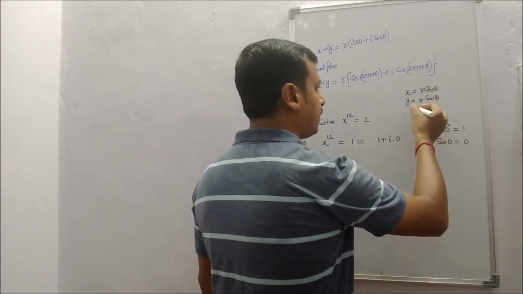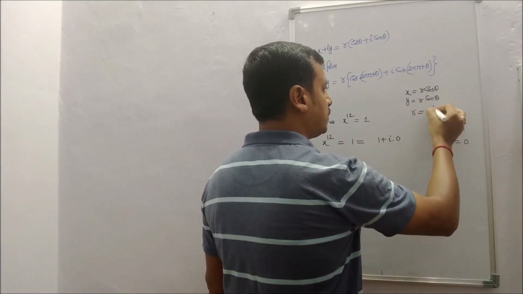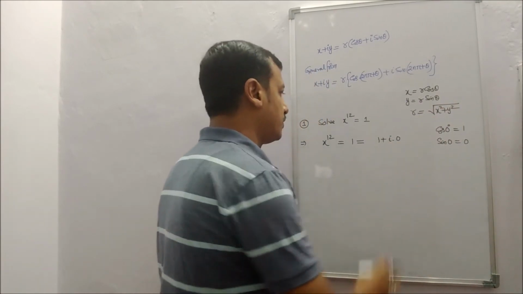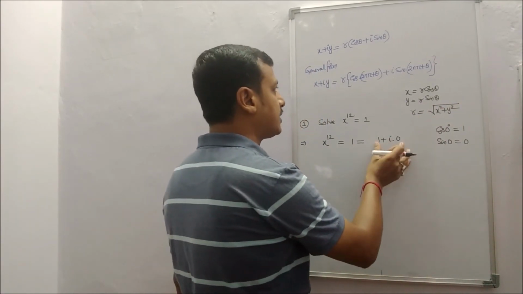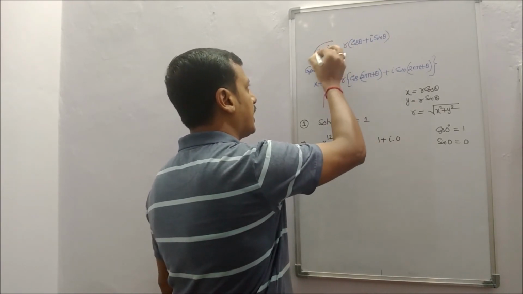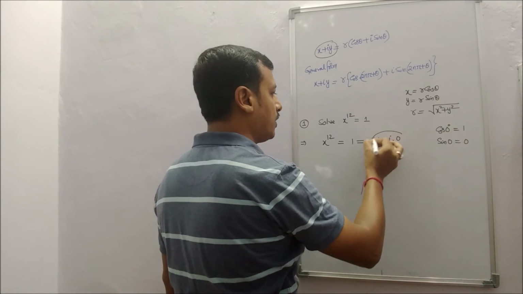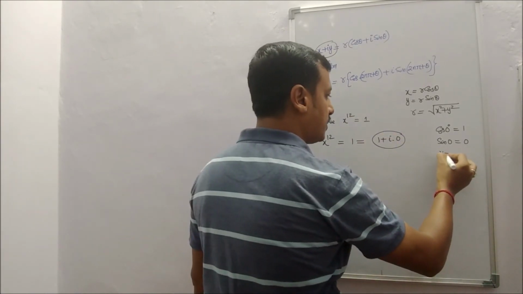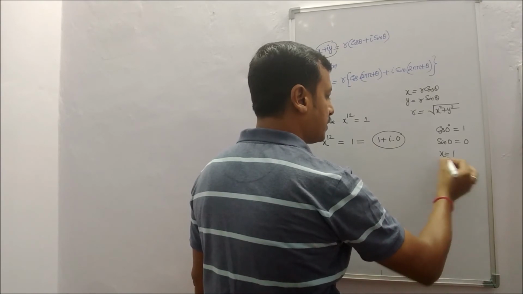Also we know that the value of r is equal to root over x square plus y square. So if we compare this equation with x plus y, or 1 plus I into 0, the value of x is equal to 1, the value of y is equal to 0.